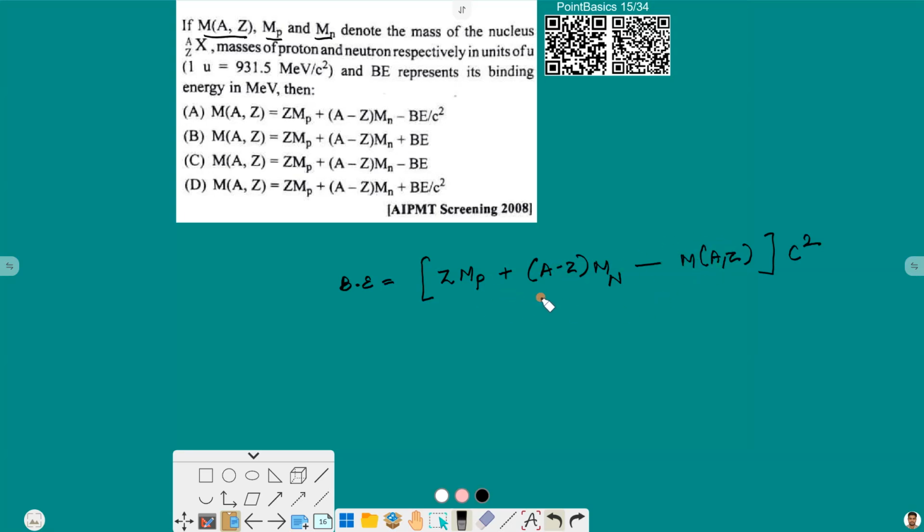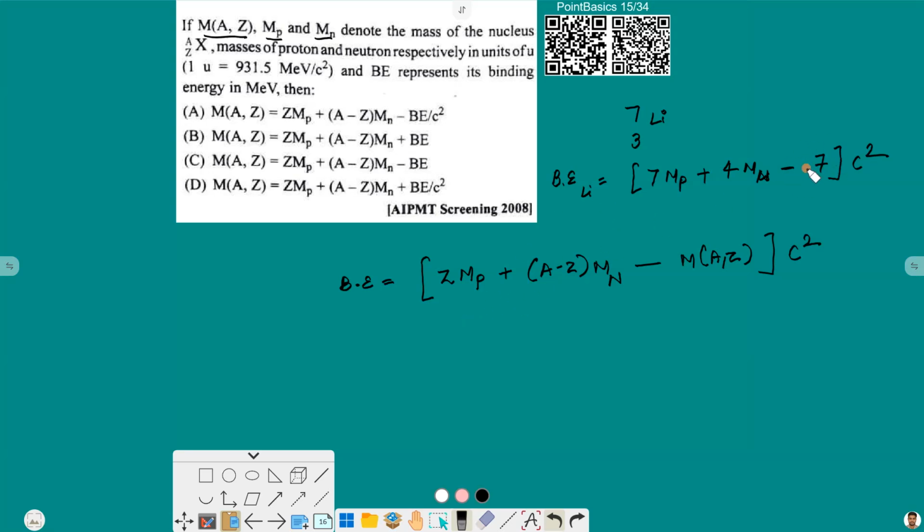Now let me explain what this actually means. Suppose we have a lithium atom, 7 lithium 3. If I want to write the same formula for this lithium, then binding energy for lithium will be equal to 3 times the mass of proton plus 4 times the mass of neutron minus the mass of this atom, which I'm assuming is 7 units, into C square.